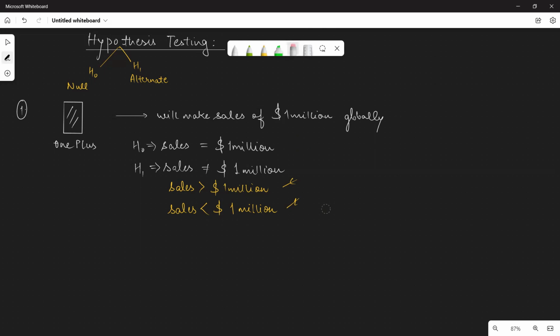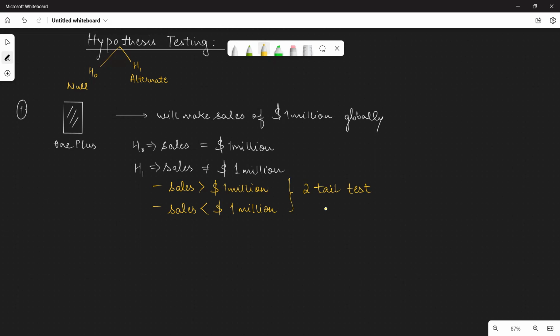So such a case study we will classify as a two-tail hypothesis test, or you can simply say two-tail test. Okay, this is called a two-tail test. Why is it called a two-tail test? Because you have two conditions for rejecting H0, which is your thumb rule, which has to be taken care of every time.